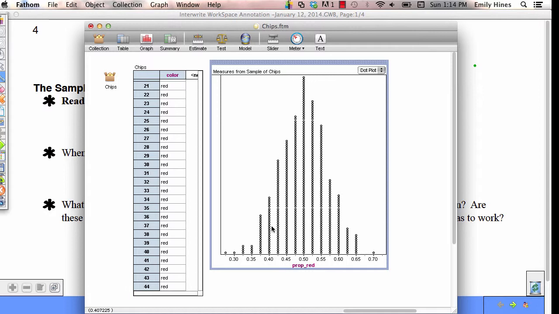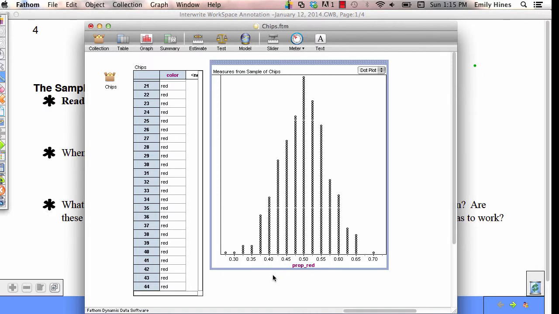Each of those proportions, each one of these dots right here, is a value of p-hat. Now this is not a sampling distribution, remember, because I didn't take every possible sample, but this is the beginnings of a sampling distribution.